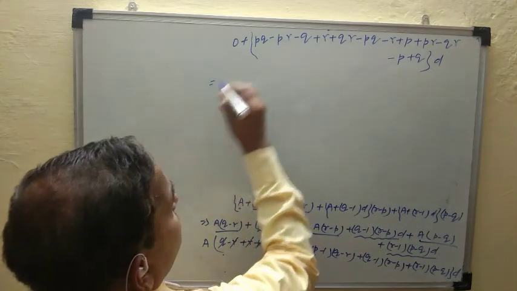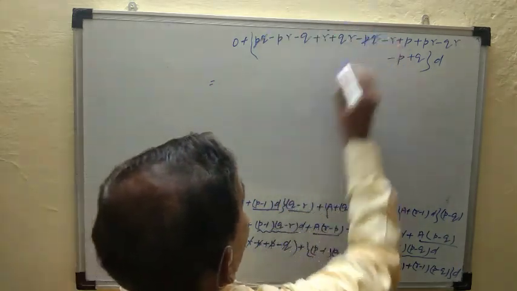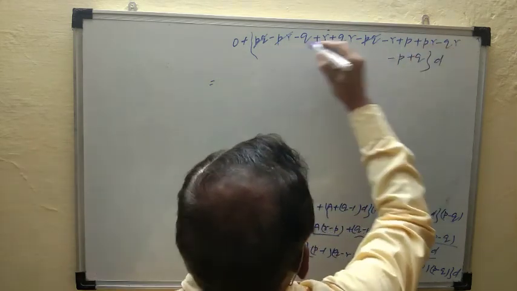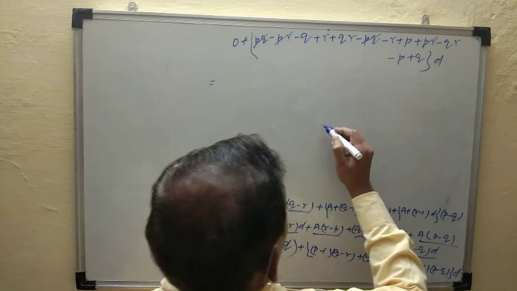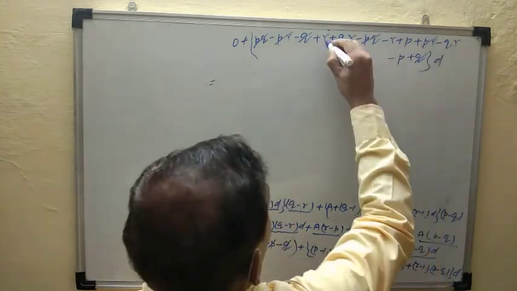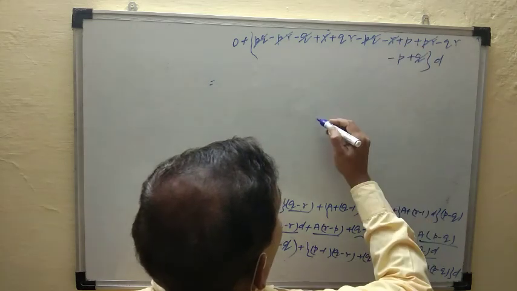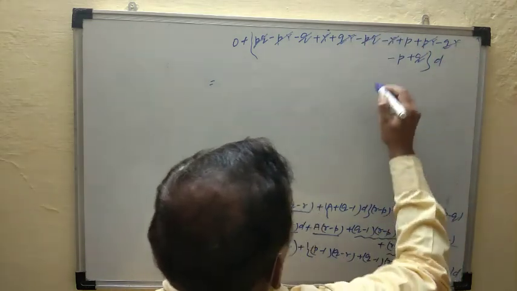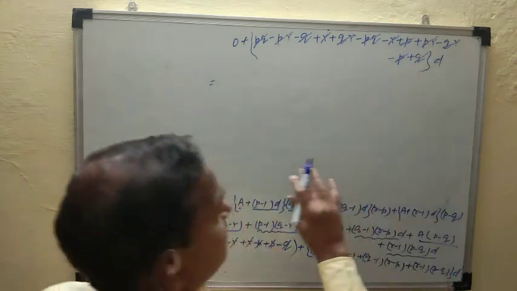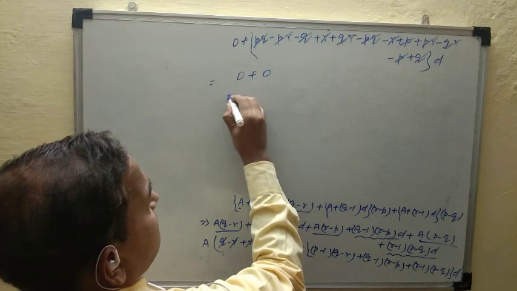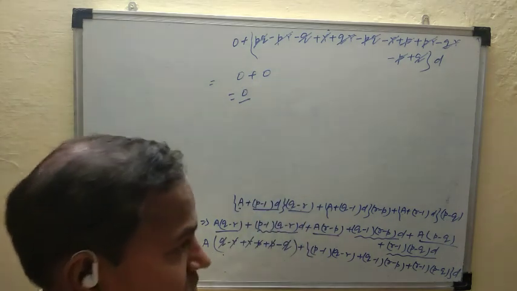So this equals: PQ plus PQ minus cancel, PR plus PR minus cancel, Q minus Q cancel, R plus R minus cancel, QR plus QR minus cancel, P plus P minus cancel, all are cancelled. So 0 plus this also 0 is equal to value 0.